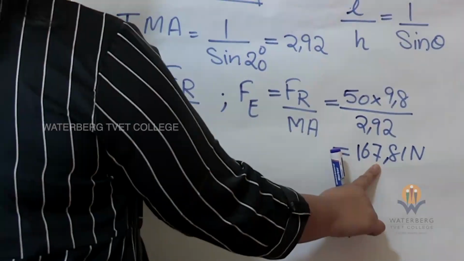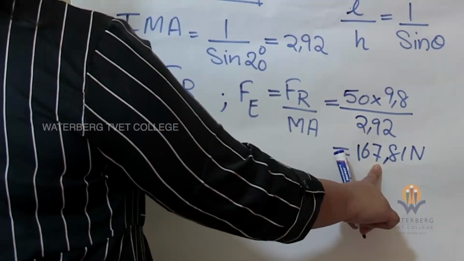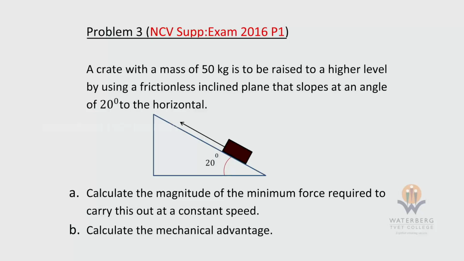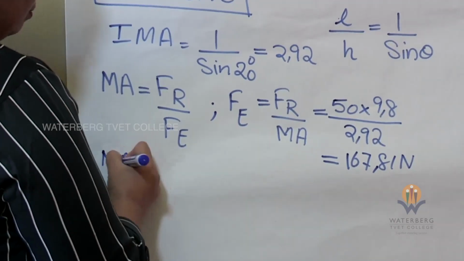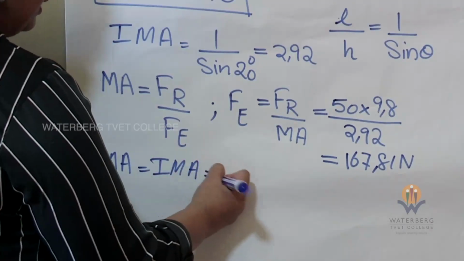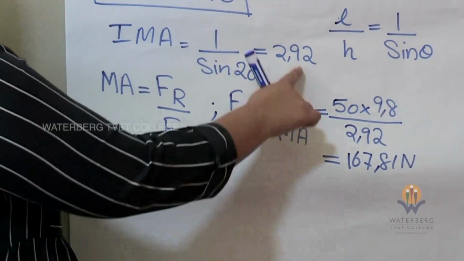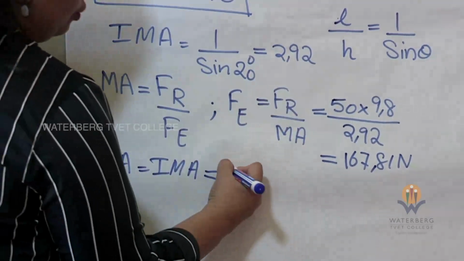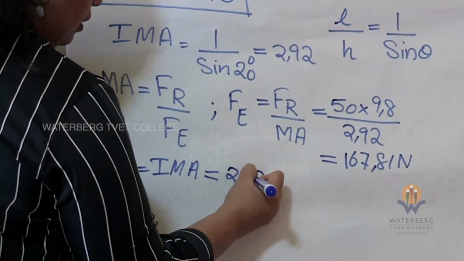Effort force is 167.81 Newton. Second one, the question is calculate the ideal mechanical advantage. We already calculated it here, so it is 2.92.